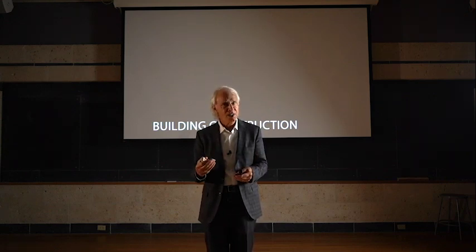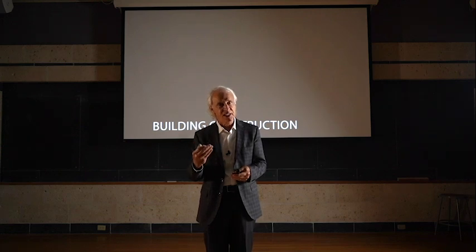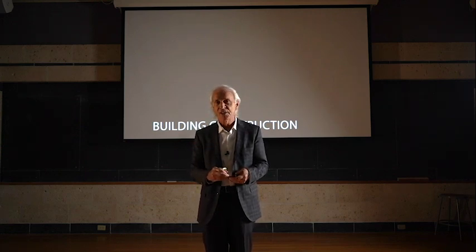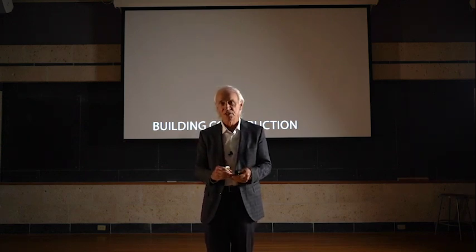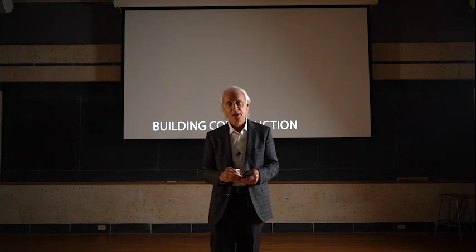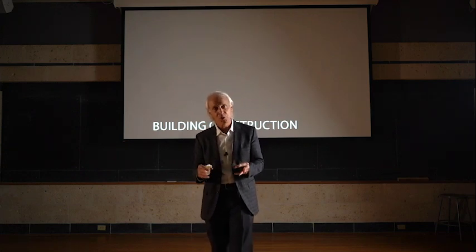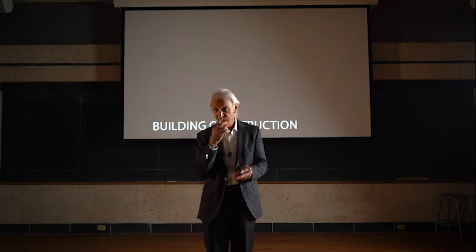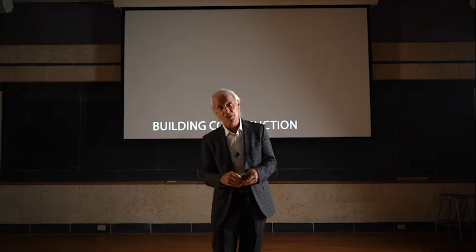Good architects are thinking constantly as they design about how this is going to impact the construction process. So let me just walk through what I think are 7 fundamental steps in the construction process.